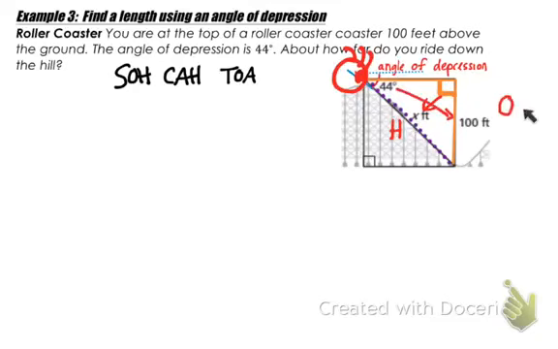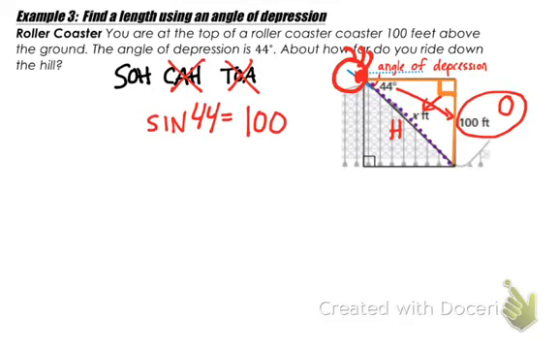And we're given the opposite side. So of the three trig functions, we need an H and an O together. Looks like we're going to have to use sine. So I'm going to cross off cosine and tangent and set up sine of our reference angle 44 equals 100 over x, which is our hypotenuse.